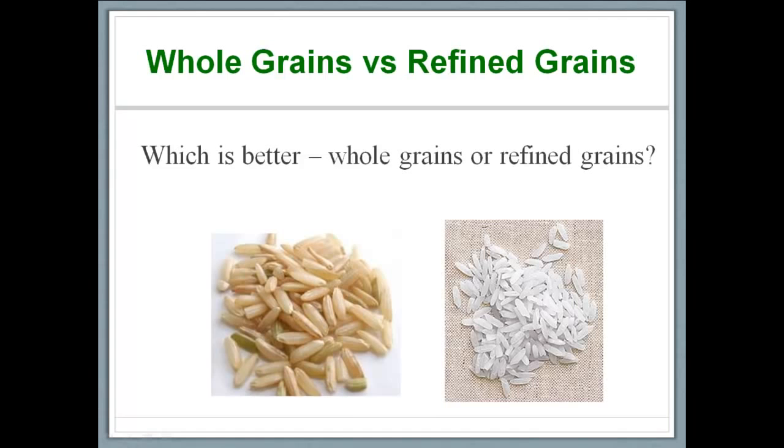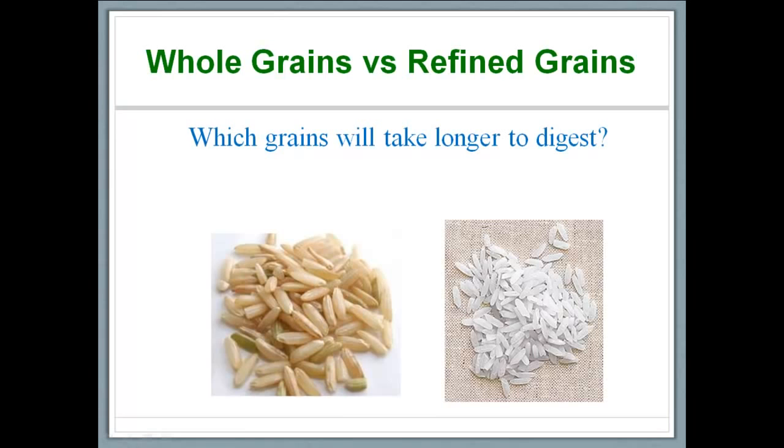Refined grains, on the other hand, have been stripped off of most of their minerals and vitamins and almost all of their fiber. Now, there is another important reason why whole grains are better than refined grains, and that can be answered by asking the following question: which grains, whole or refined, will take longer to digest?